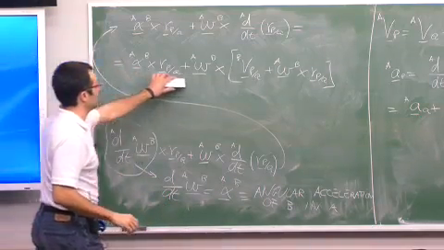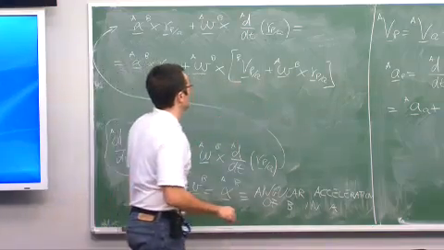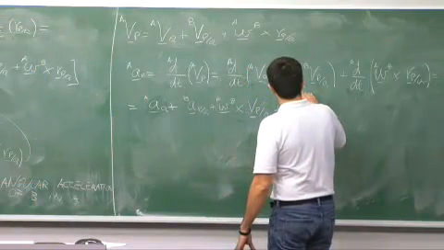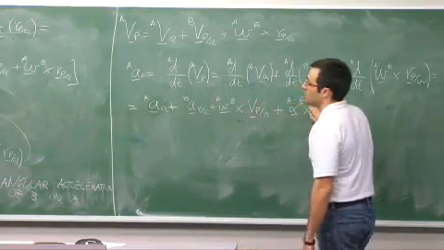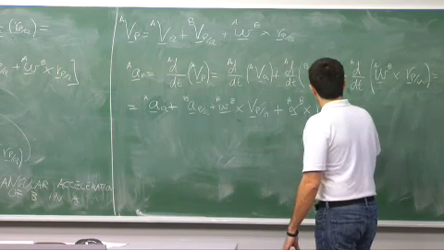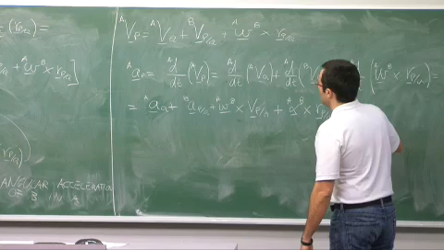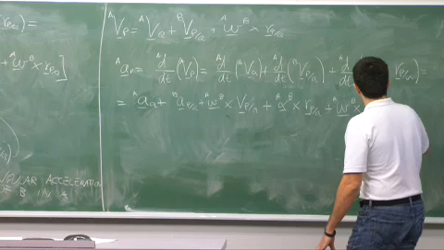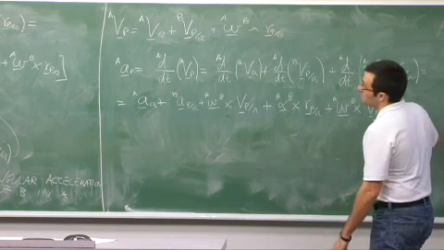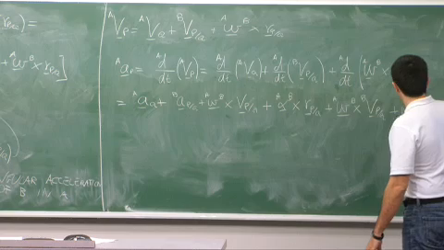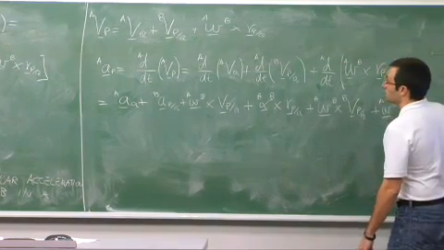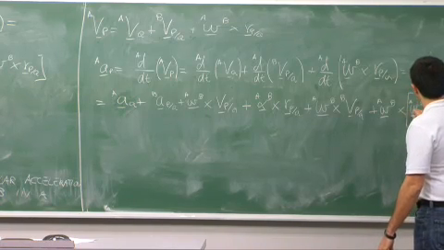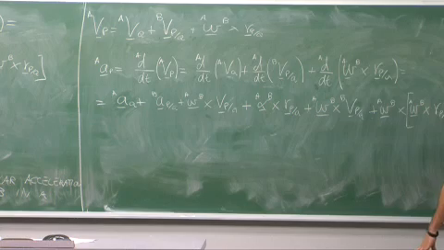I need to add this to what I have there. Alpha BA cross with Rp with respect to Q plus omega BA cross with Vp with respect to Q in B plus omega BA cross with the double cross product here, omega BA cross with Rpq.